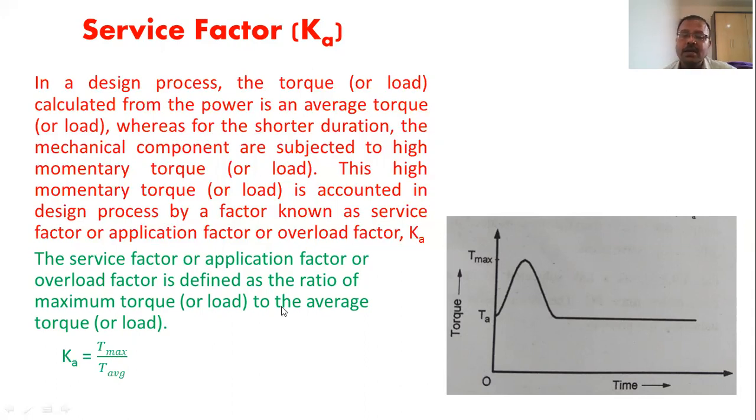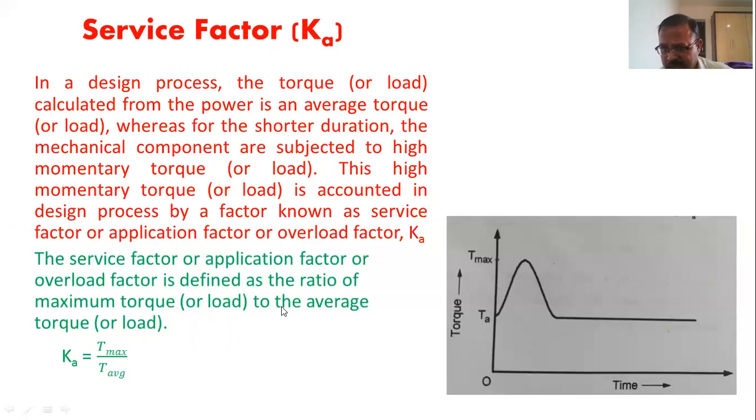Service factor mainly depends on two things: the type of prime mover and the type of driven machine. Prime mover can be an electric motor, an internal combustion engine, or a turbine. Prime mover is nothing but the driving machine. The driven machine, the second factor, can be anything.